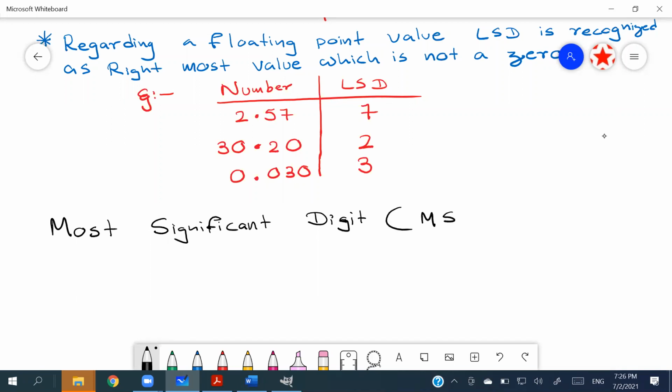So in simple terms, we say MSD, right? So MSD is going to be described as the leftmost value. I'm sorry, leftmost character, let's say.